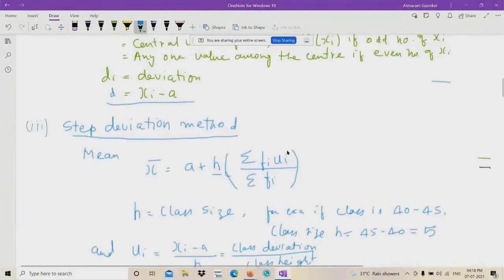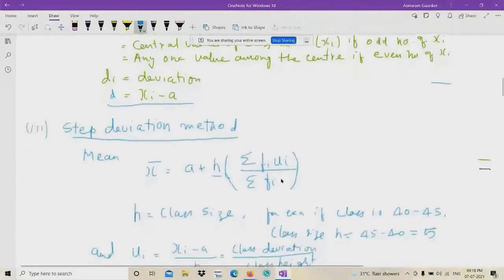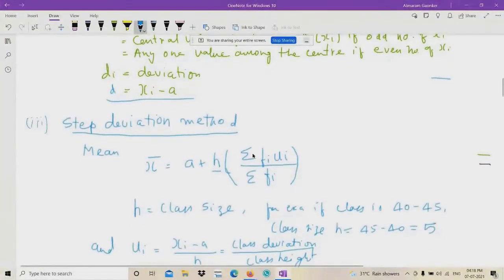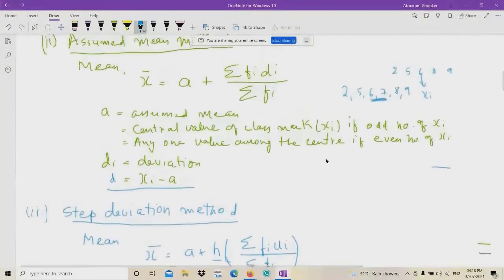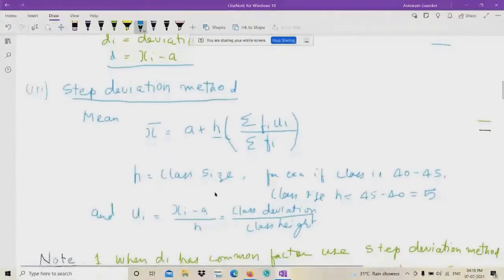Earlier there was di, now there is ui, and of course h is there. H is called the class size. For example, if the class is 40 to 45, then the class size h is equal to 45 minus 40, that is upper limit minus lower limit, which is equal to 5.